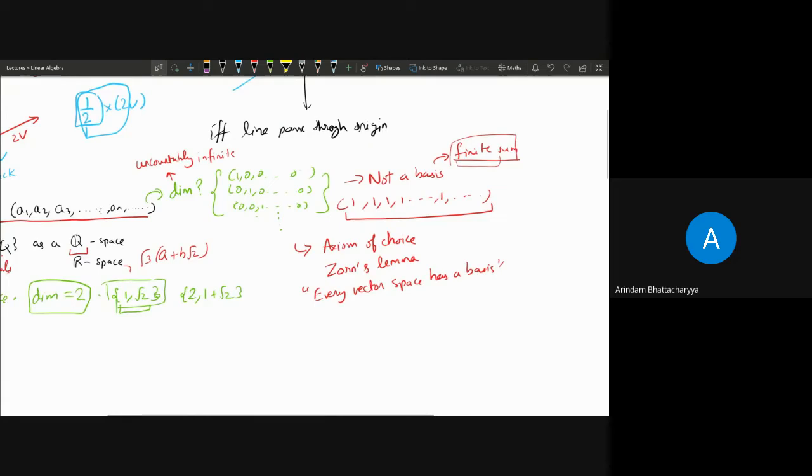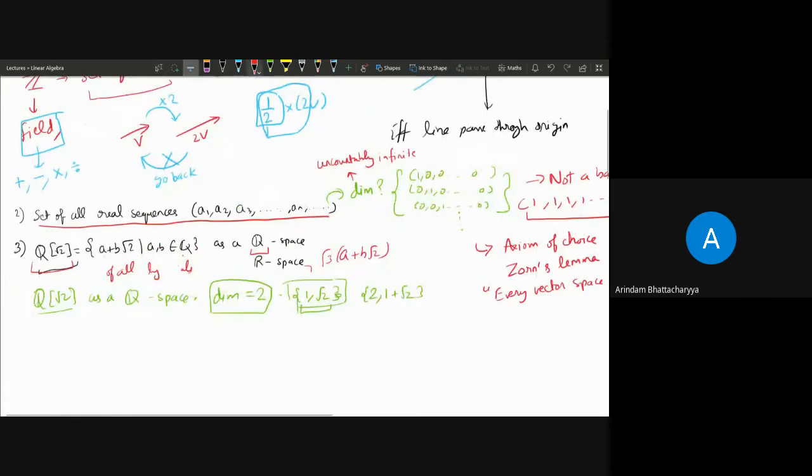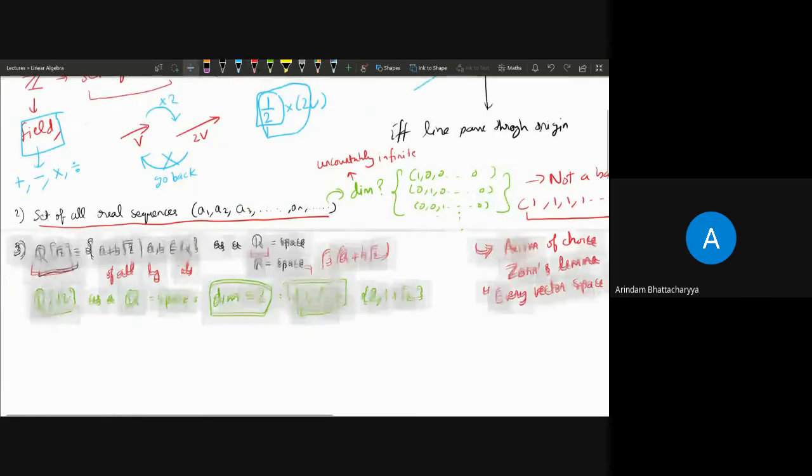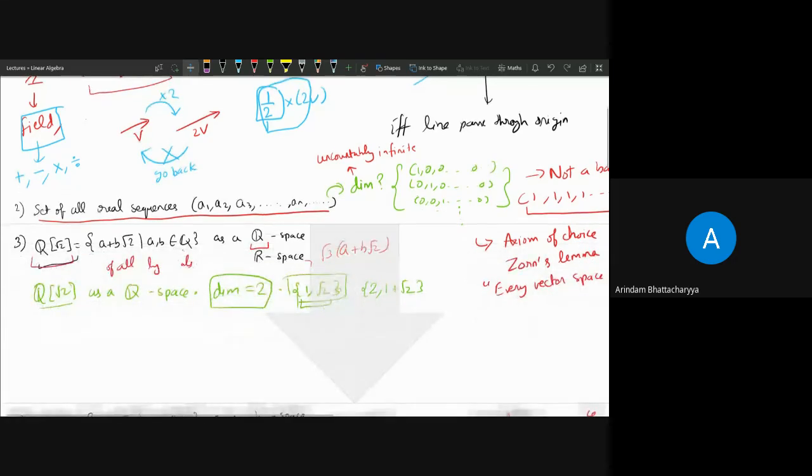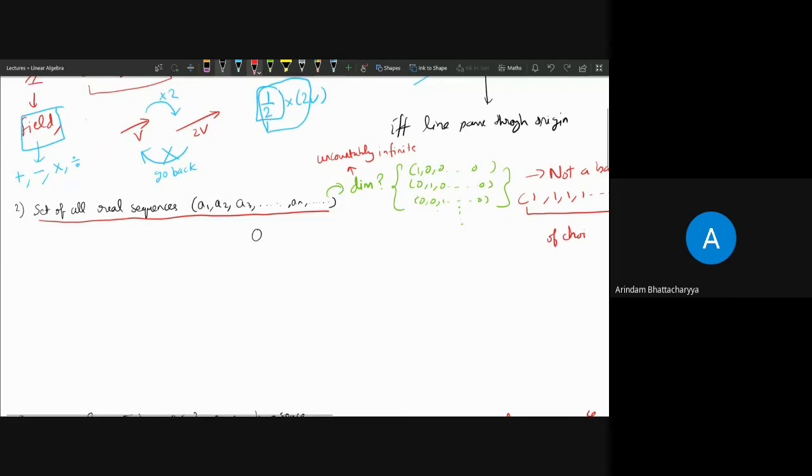Okay. Since this seems to be of interest, let me give you a bit more indication about why this does not span. Let me call e_i the sequence which has 1 at the ith place and 0 everywhere else, right?